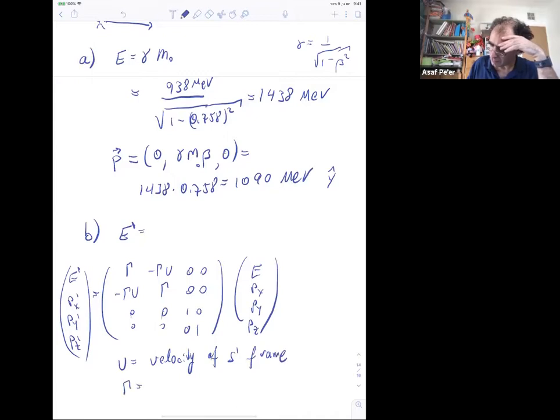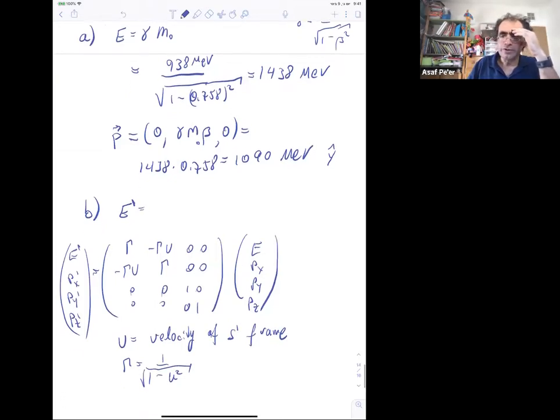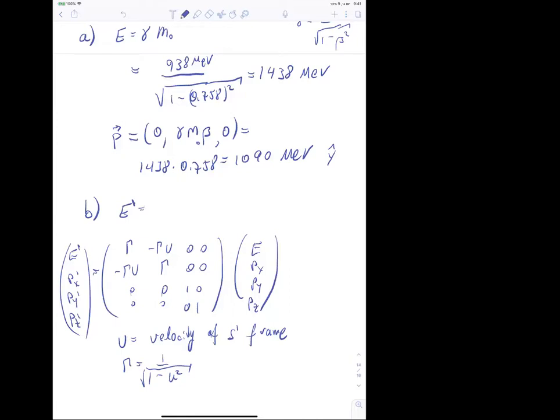And gamma is just 1 over the square root of 1 minus U squared. So what is E prime? What is the energy?